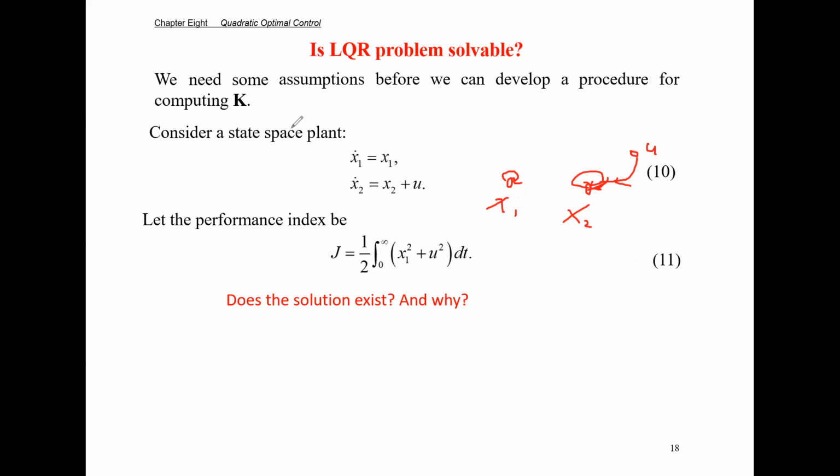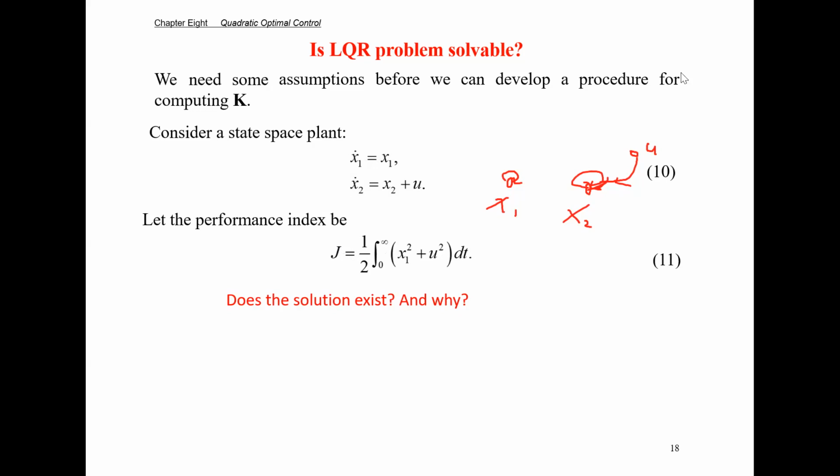And then look at the equation for this x1. Is it stable or unstable? Unstable, so x1 will blow up, right? Therefore, this cost will blow up. It does not have a minimum value, right?